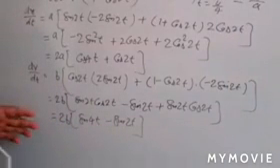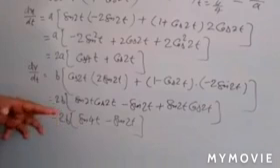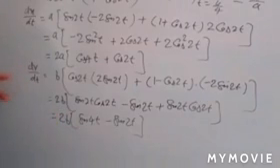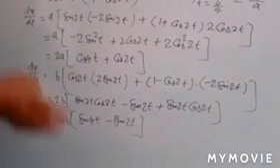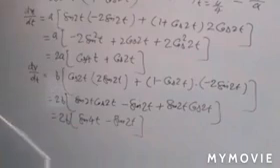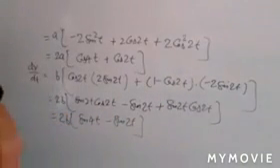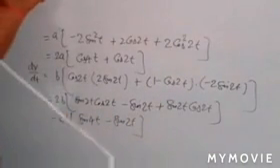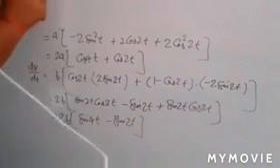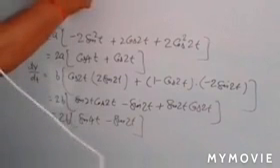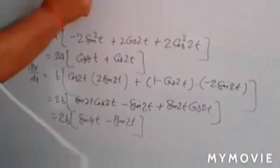So you have the value of dy by dt and dx by dt. Now find the value of dy by dx. So dy by dx is equal to dy by dt upon dx by dt.